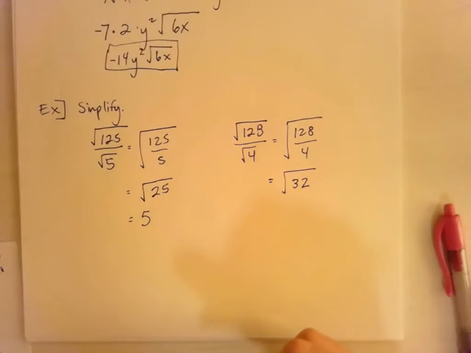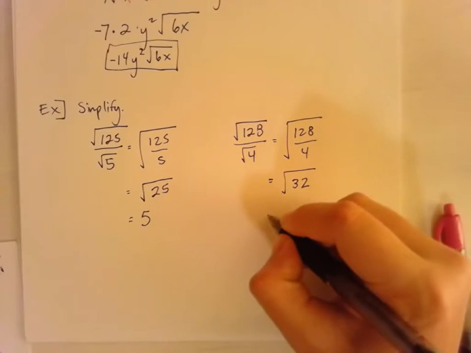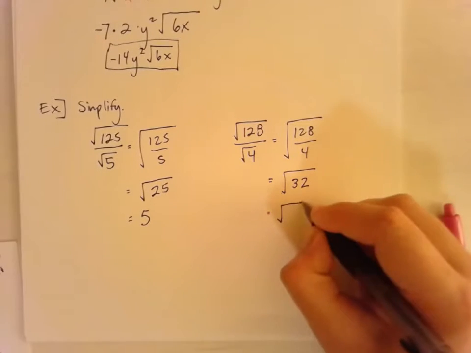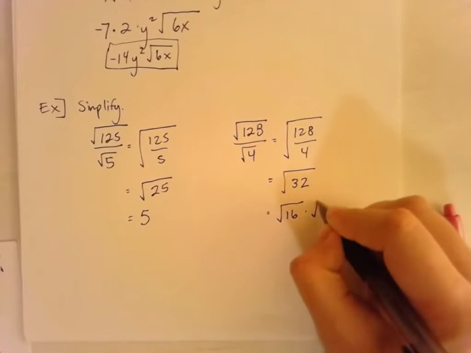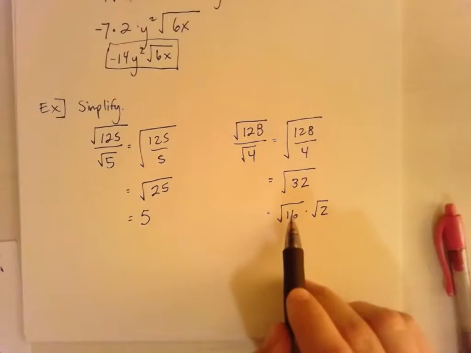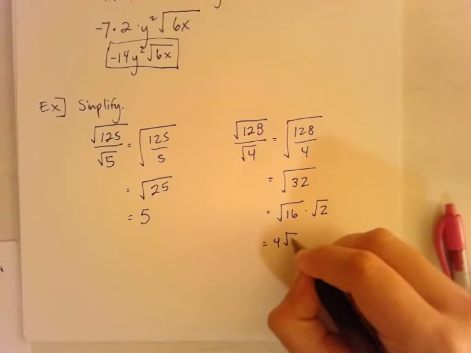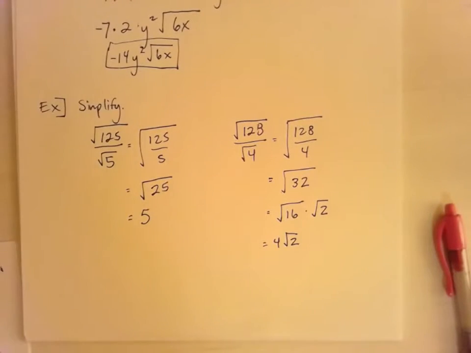Again, your calculator takes care of that, but I encourage you to challenge yourself and to think about what perfect square fits into 32. And the answer is 16. Radical 16 times radical 2 is what I can break that up as. The square root of 16 is going to get me 4, and then I still have my radical 2 on the outside. And I'm done with that one as well.